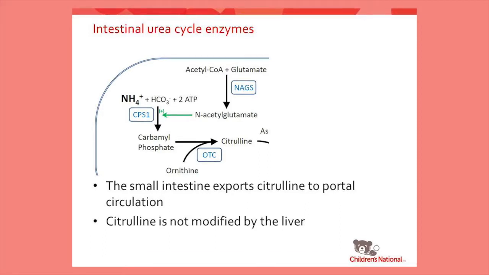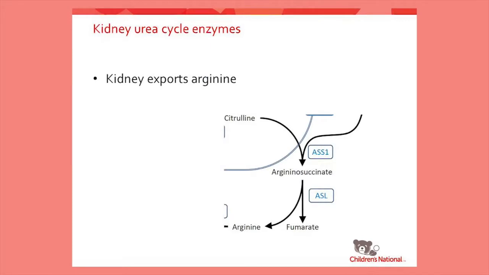The liver itself does not modify citrulline, so citrulline passes through the liver unchanged. Where does it go? The citrulline then goes to the kidney. The kidney has these two enzymes active, and it has a little bit of arginase in order to make some urea as well. But these two are predominant, and the kidney then makes arginine out of this.